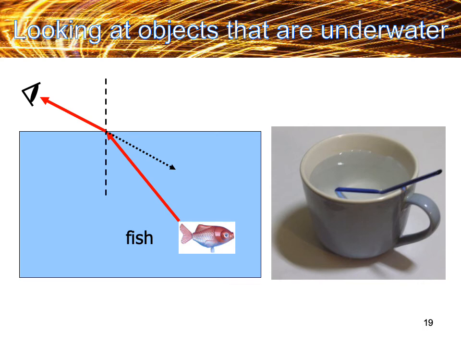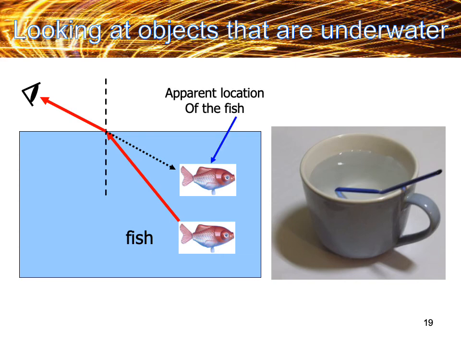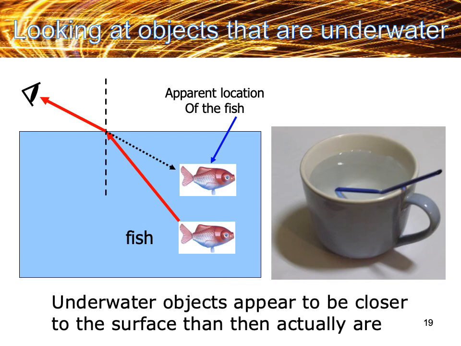And that's when the light is bent away, right? So it appears that the fish that you're trying to catch is swimming shallower than it actually is. The apparent location of the fish seems closer to the surface.